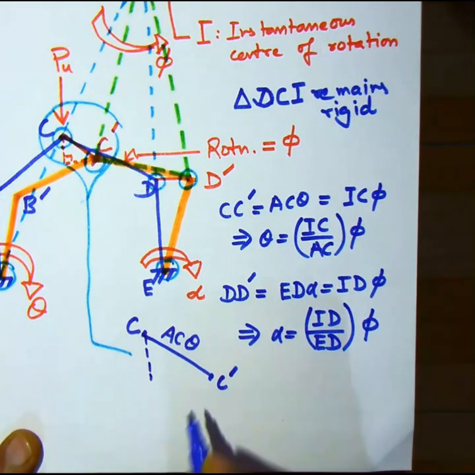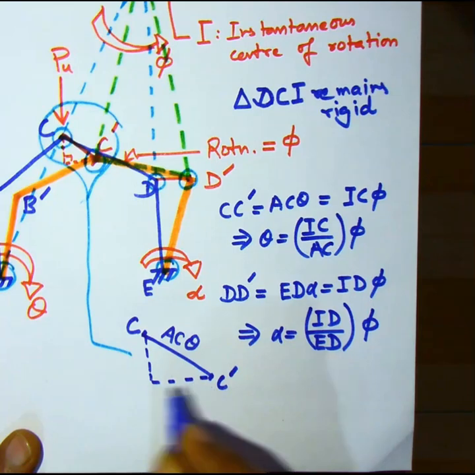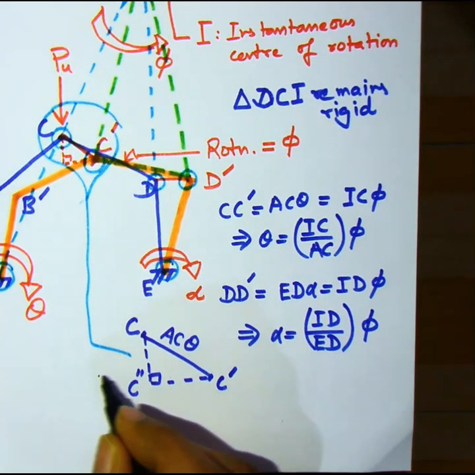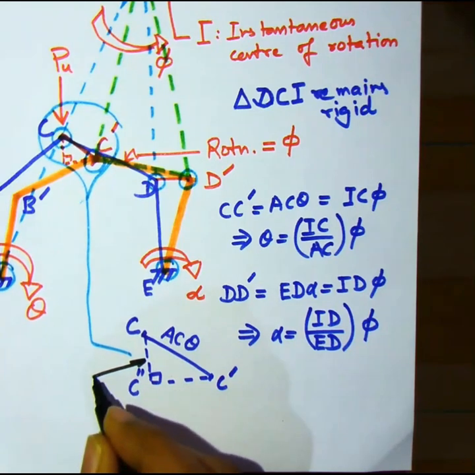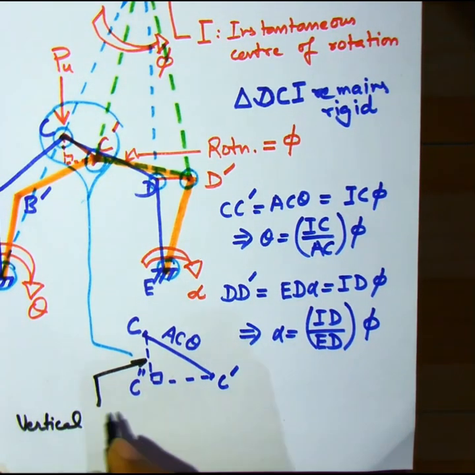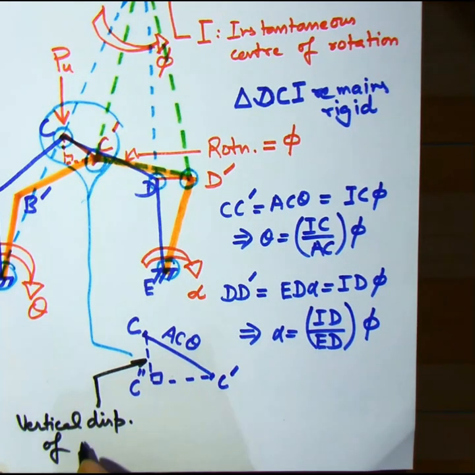So we draw the triangle C double dash C, where the angle at the vertex C double dash is 90 degrees. So CC dash is AC into theta.